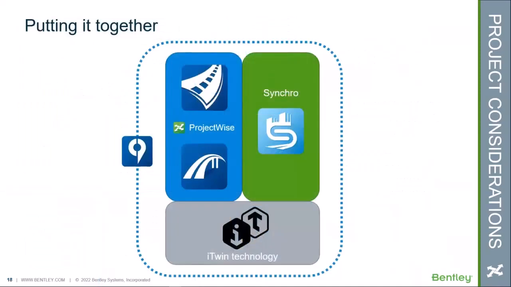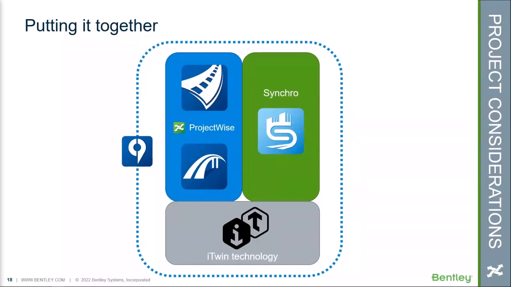Then we wanted to understand, where do these all fit? How do they all fit together? And this gets asked a lot. Of course, ProjectWise is where we're managing and maintaining our documents. This is things like OpenBridge as well as OpenRoads. The typical designer is going to be accessing the ProjectWise environment, and by way of that, we're going to be able to generate iTwin.